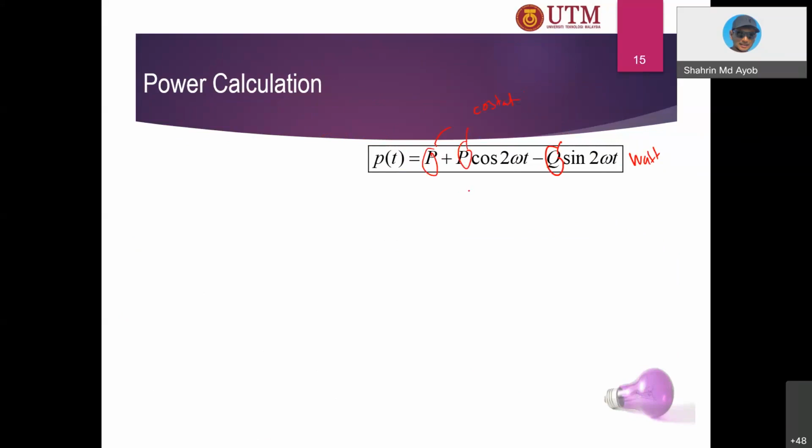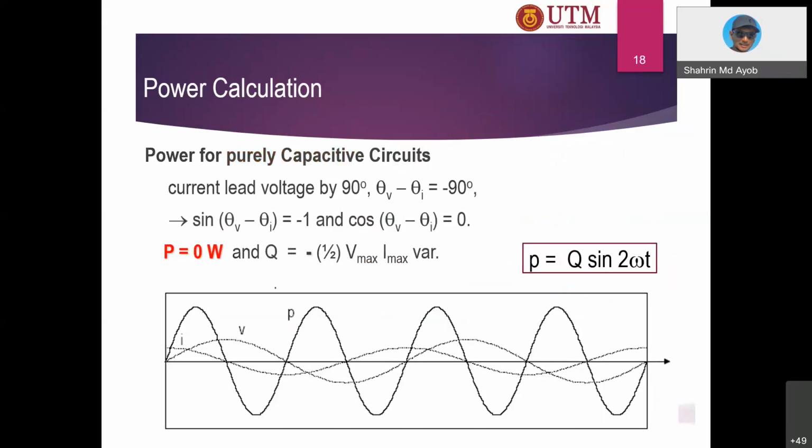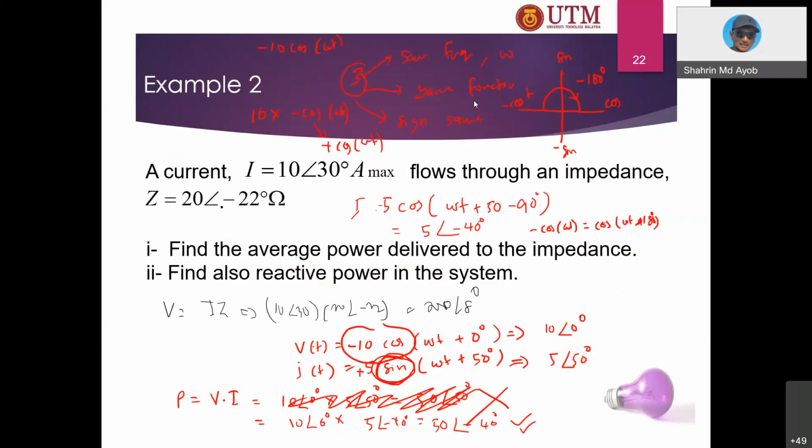But when you talk about average power, then for reactive power, Q is in var. P and Q in this equation of instantaneous power are just constants.